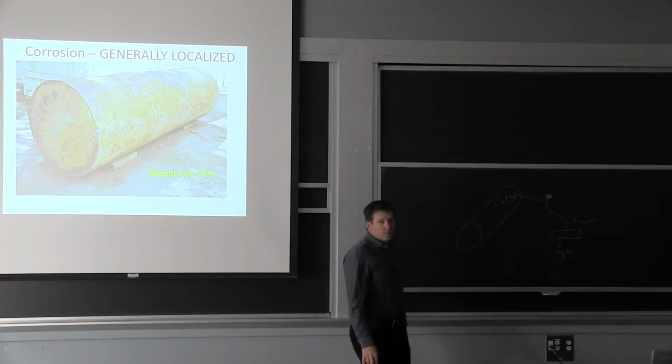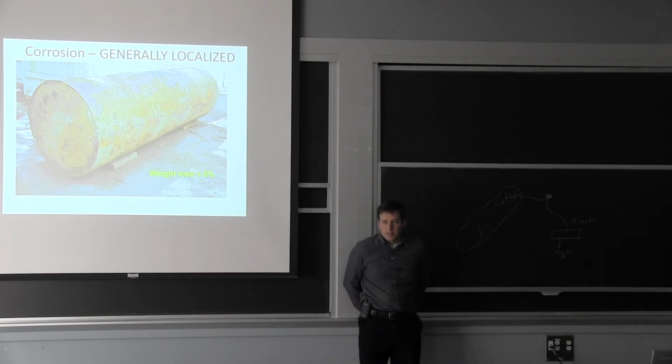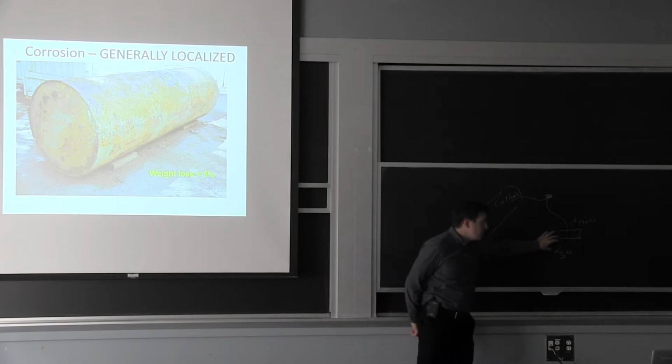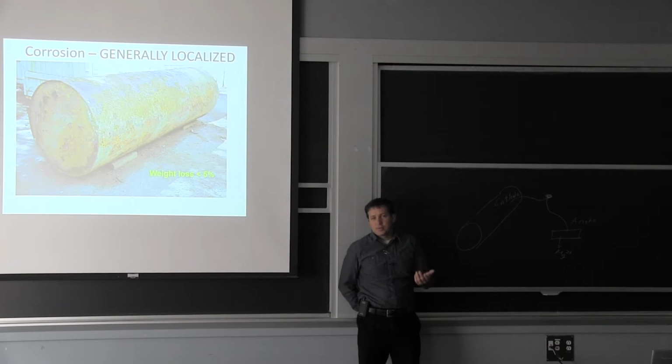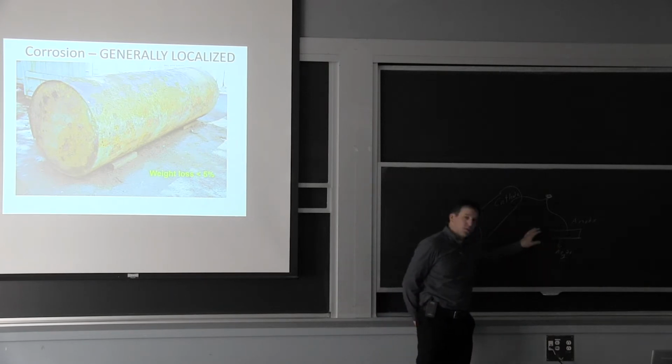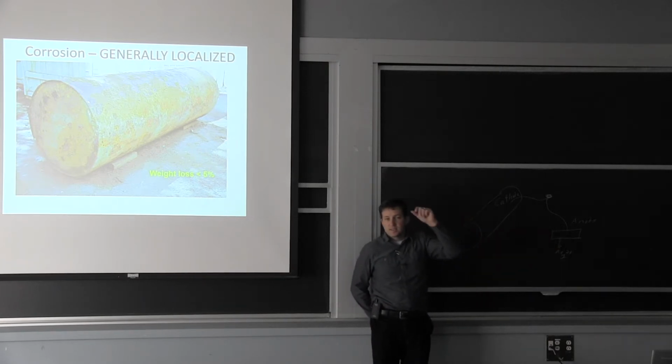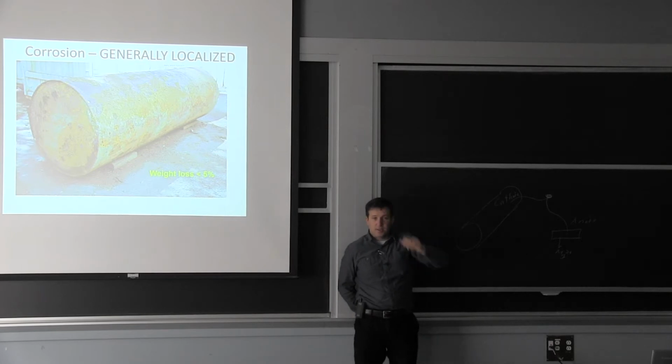That's really all there is to it. You need the soil to be communicating the ions. So if you have a very dry environment, like a sandy environment, this is very difficult to make work. You have to put the anodes closer because you have less ionic conductivity in the soil.